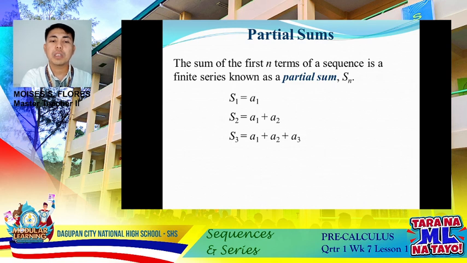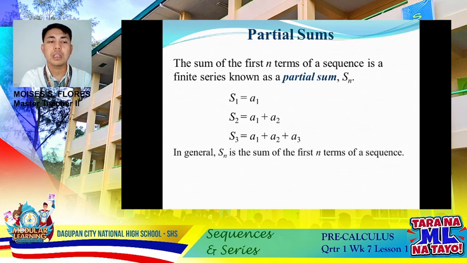The same is true with S sub 3, your partial sum, where you are going to add 3 terms. So in general, S sub n is the sum of the first n terms of a sequence. Therefore, we have the notation S sub n is equal to the summation of A sub i as i goes from 1 to n.